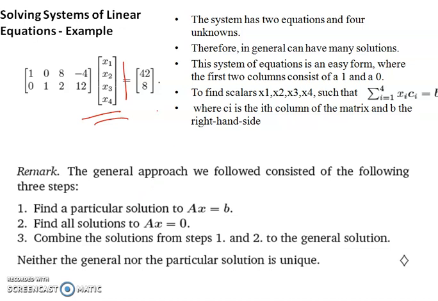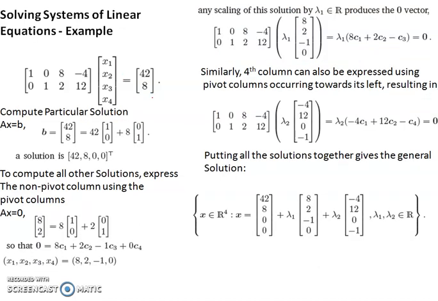In this case the right hand side is also given. So how can we find the particular solution? You need to take it like this: b is equal to (42, 8), and here it is in reduced row echelon form. So 42 times column 1 plus 8 times column 2 will be taken. What is the equation that is generated? 42C1 plus 8C2, isn't it?